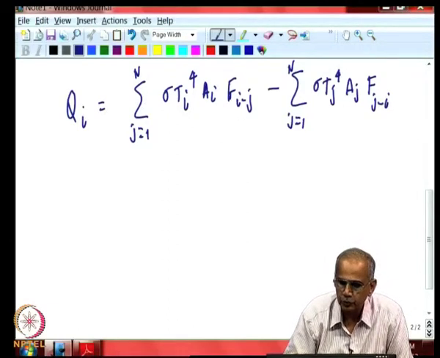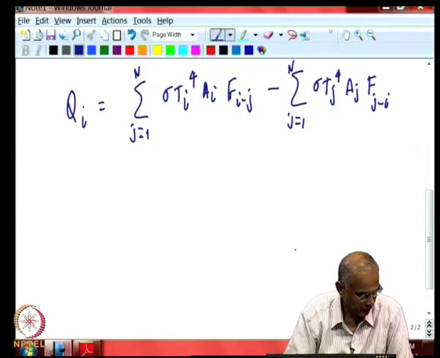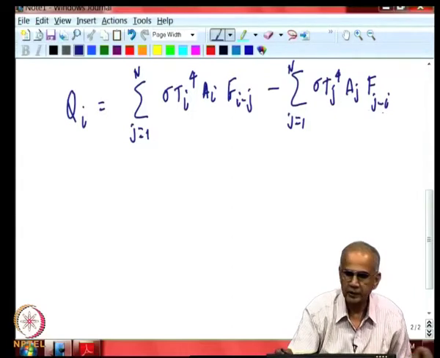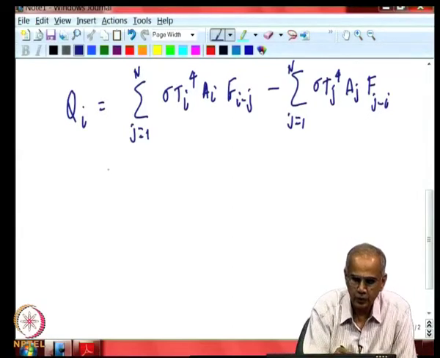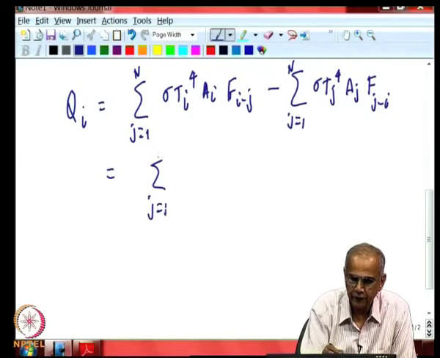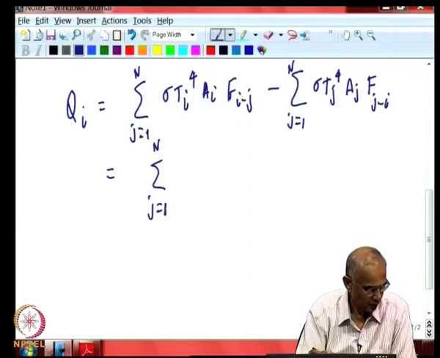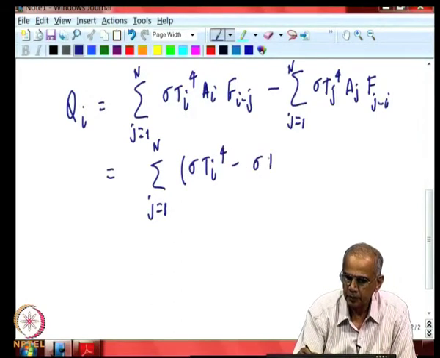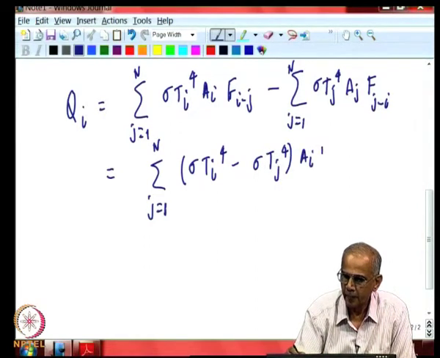Now, I am going to use reciprocity, and reciprocity says that A j F j I is A I F I j. So, I can take A I F I j common, and write this as sigma, T I to the power of 4 minus T j to the power of 4, into A I F I j.